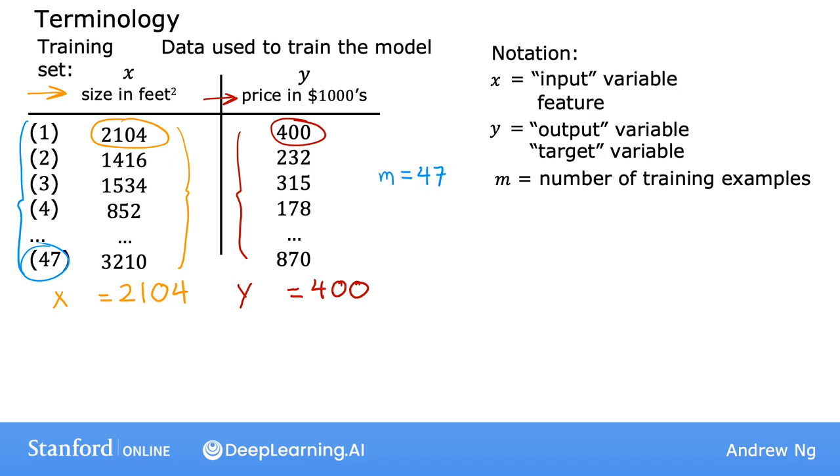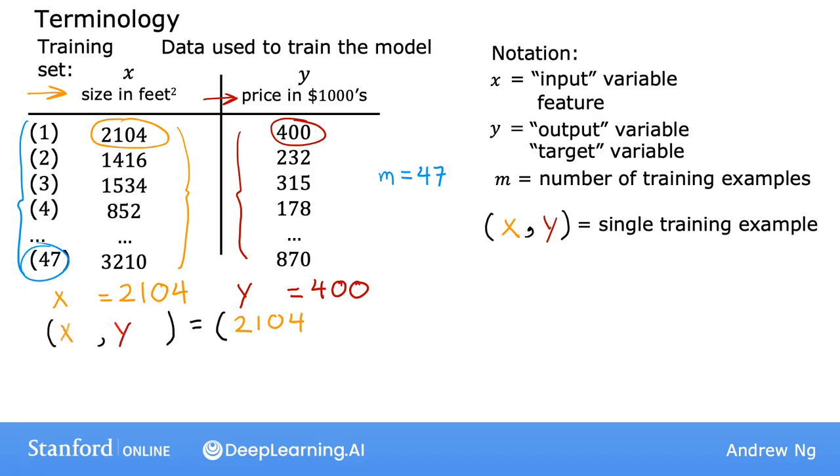To indicate a single training example, we're going to use the notation (x, y). So for the first training example, (x, y), this pair of numbers is (2,104, 400). Now, we have a lot of different training examples. We have 47 of them, in fact.